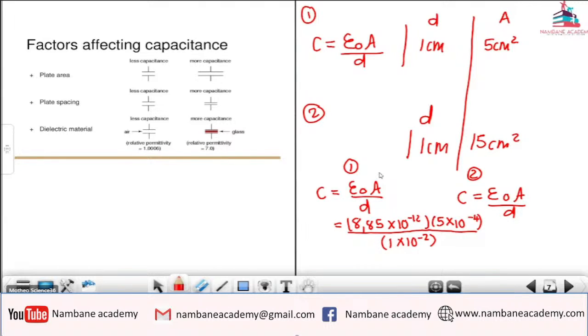If you calculate it for number 1 and you calculate it for number 2, you will see that there is a difference in the answer. What is that difference? Is it increasing? Oh, there's not enough space here.